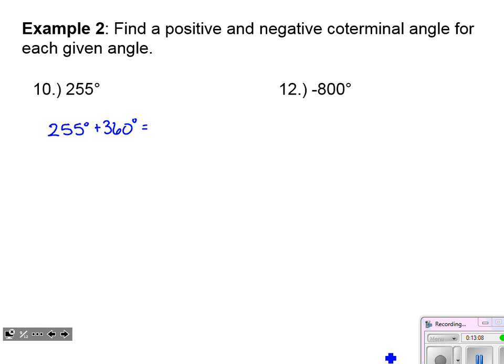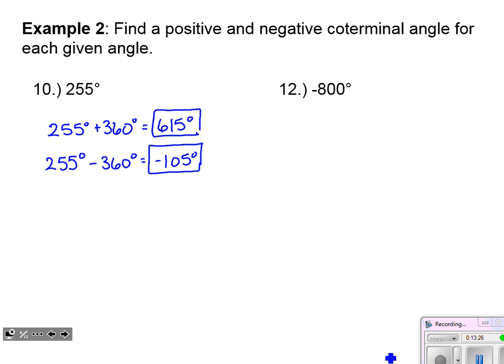I get 615 degrees. There's my positive. And if I took that starting angle of 255 and subtracted away a full circle, then I get negative 105 degrees. So an angle that's negative but coterminal with 255.